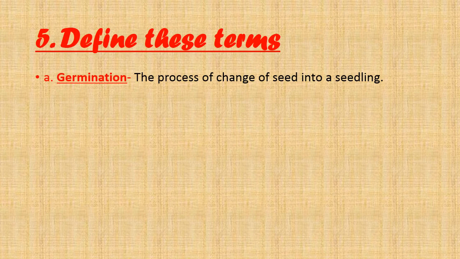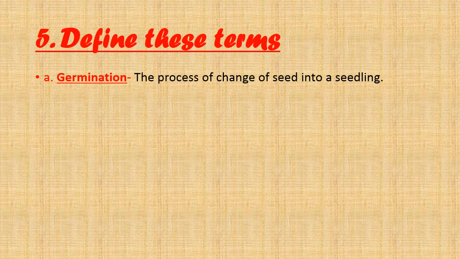Then a small root or radicle will emerge from the seed and it will grow downwards. And then a small shoot, which is also called plumule, will emerge from the seed after that and it will grow upward. Radicle will grow downward and plumule will grow upward.